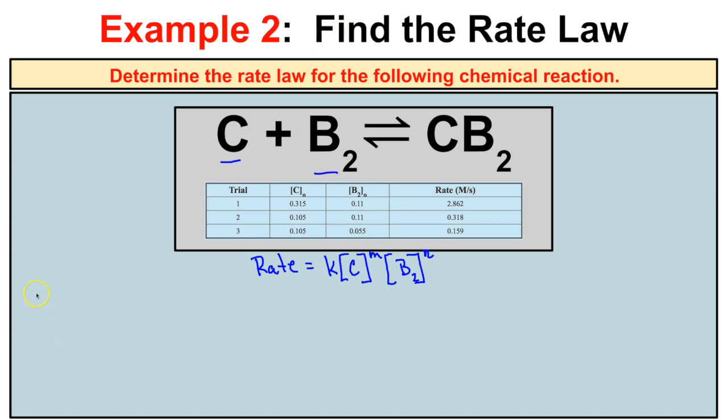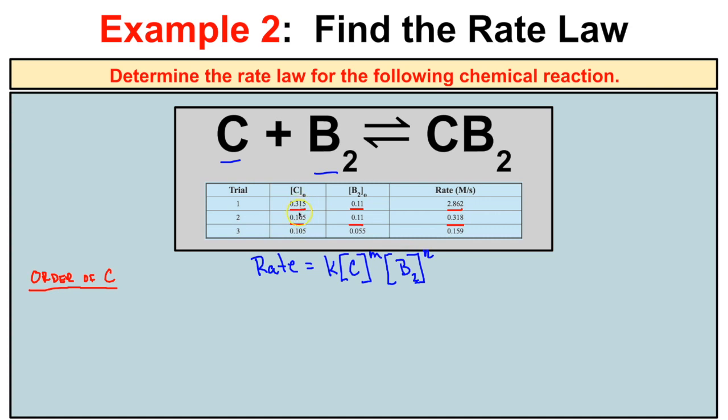So let's figure out the order of reactant C first. The way that we figure out the order of reactant C is by holding the concentration of B constant in trial 1 and in trial 2, and then taking a look at reactant C and the rate of our chemical reaction.